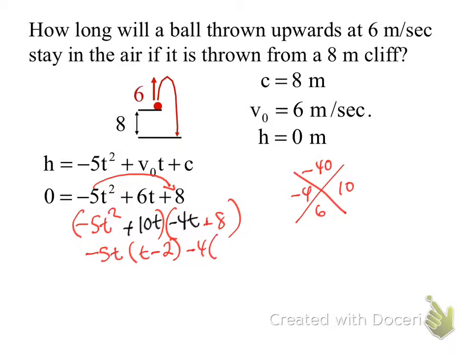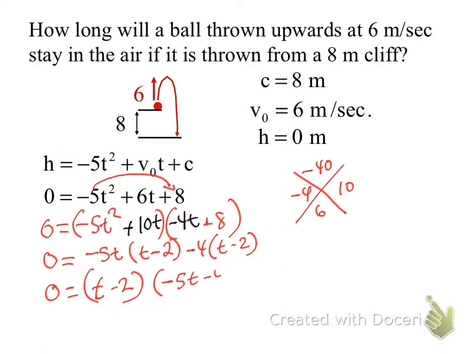Negative 4. And I'm left with? T minus 2. And so when I set it all equal to 0, it's T minus 2 times what's left. Negative 5t minus 4. And now I use the zero product property.